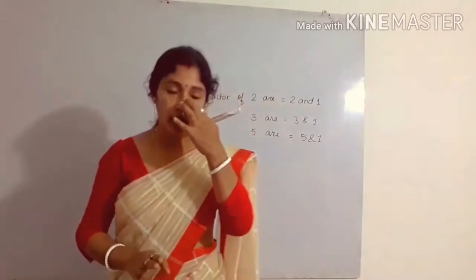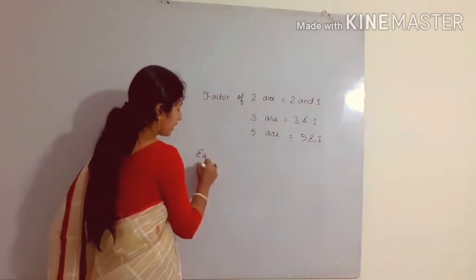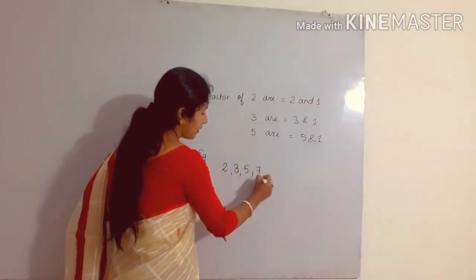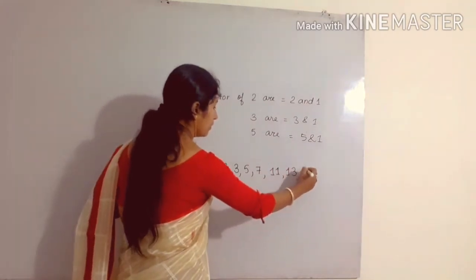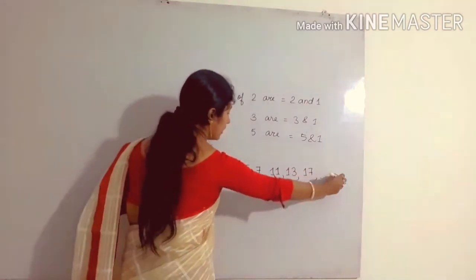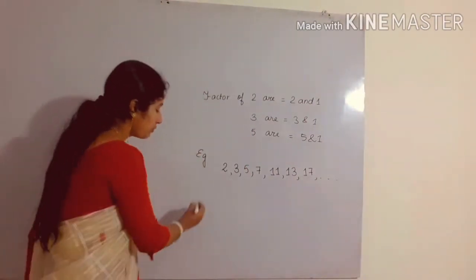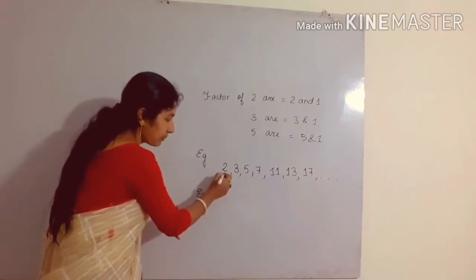What are the examples of prime numbers? Examples of prime numbers are 2, 3, 5, 7, 11, 13, 17 and so on. Like this. These are called prime numbers. One more important thing: what is the smallest prime number here? 2.